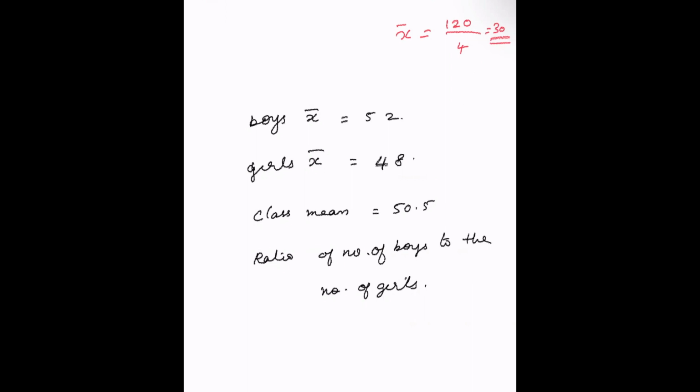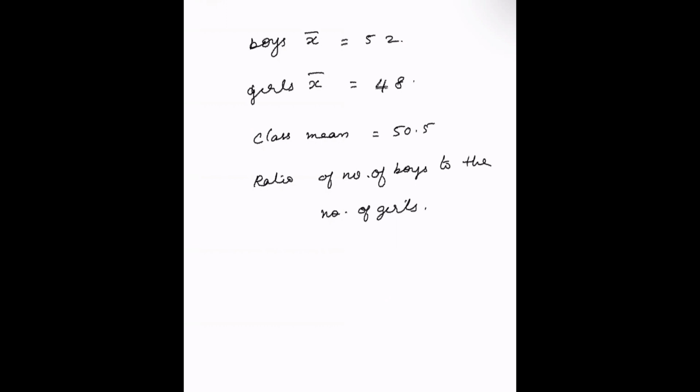The girls mean is given. Take x and y as the number of boys and number of girls. So let x be the number of boys and y be the number of girls. Okay, so you have got x and y here.